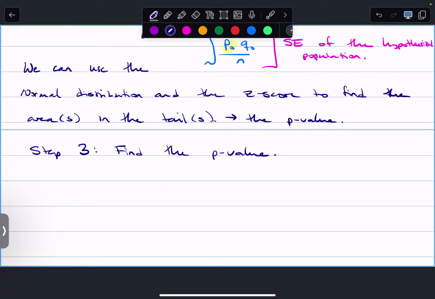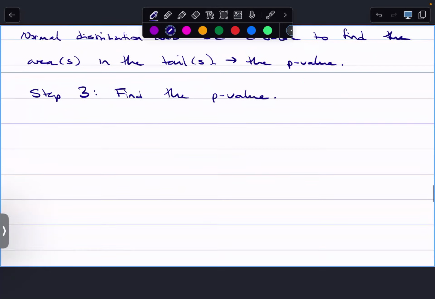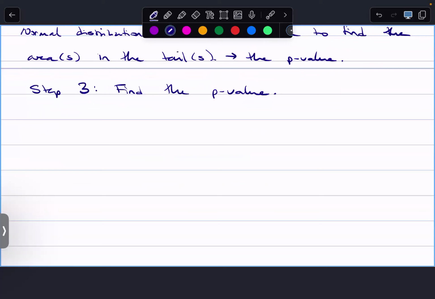Is the next step. Now, this is where a lot of people are thrown off because you have to go back to your alternative hypothesis and figure out which area in the tail that you need. This depends on HA, the alternative hypothesis.